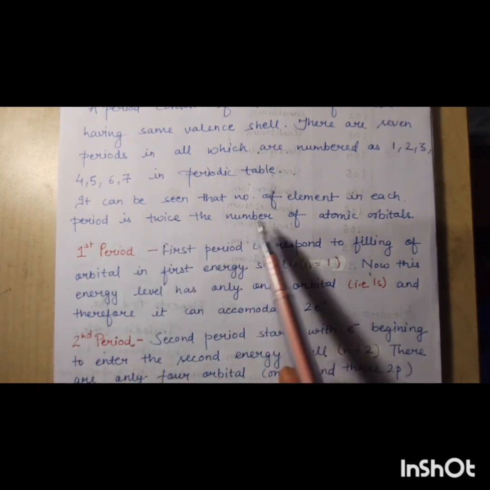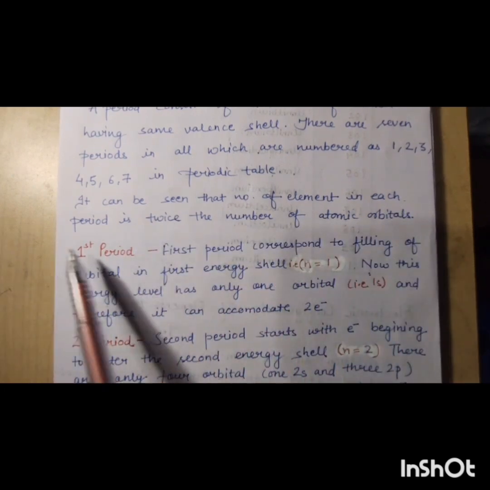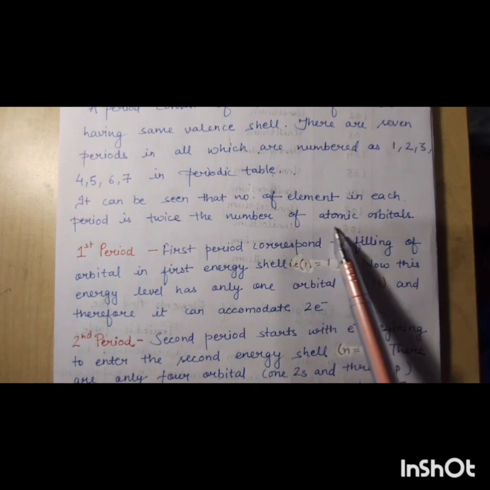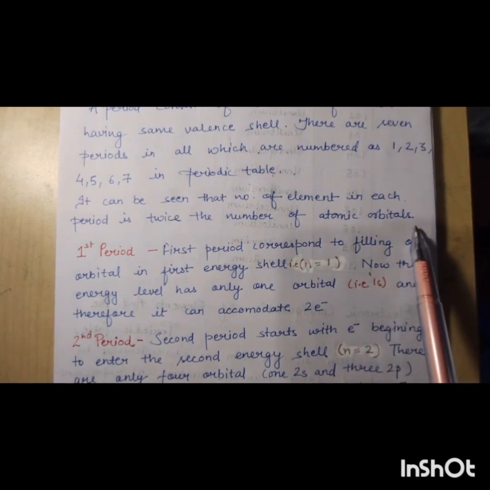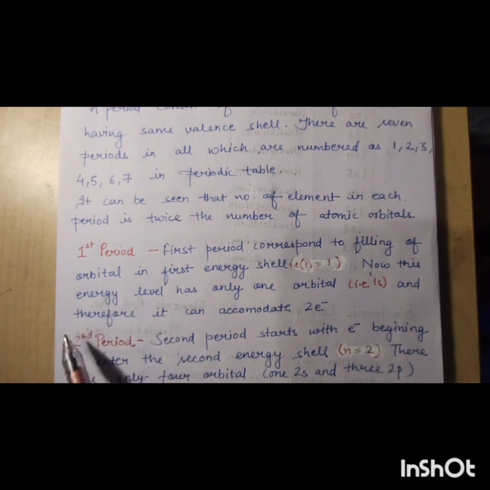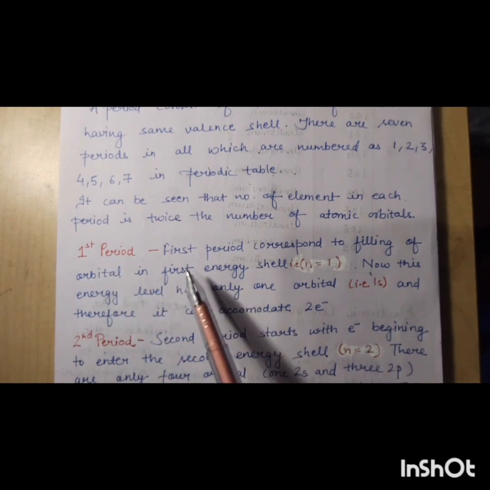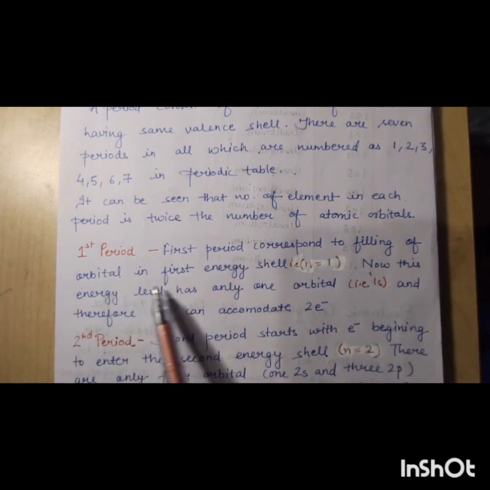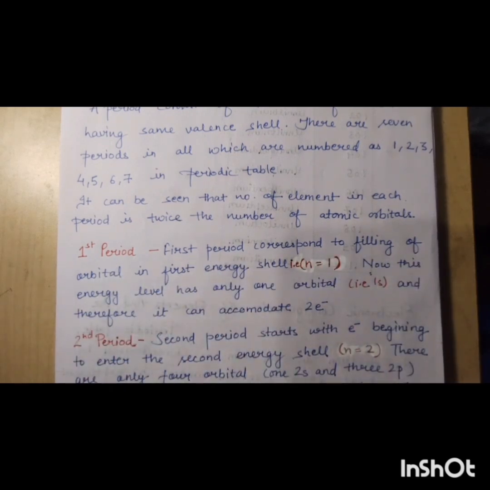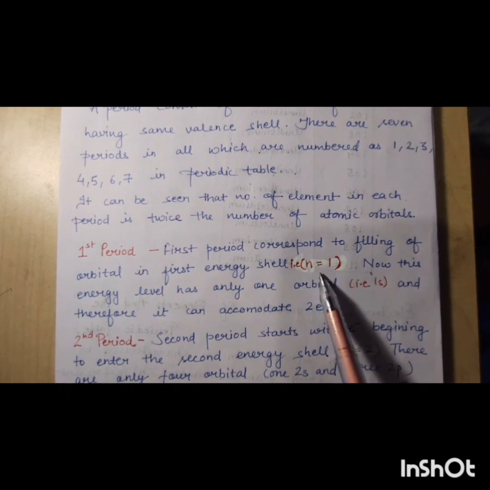It can be seen that the number of elements in each period is twice the number of atomic orbitals. How? So we can see here in the first period. The first period corresponds to filling of orbitals in the first energy level, that is n value is 1.